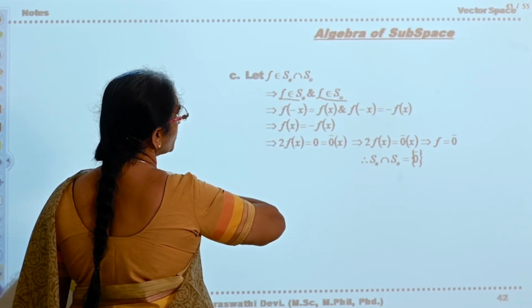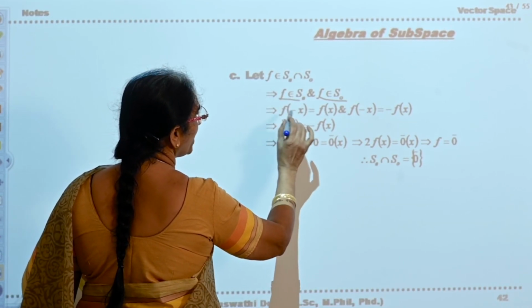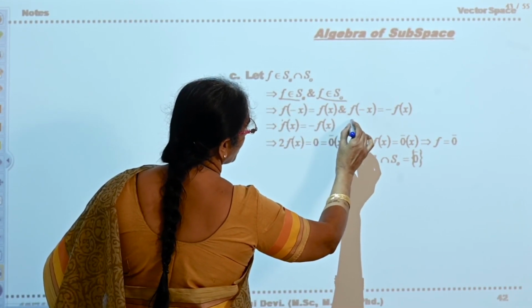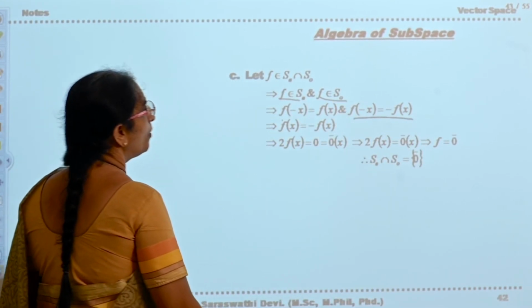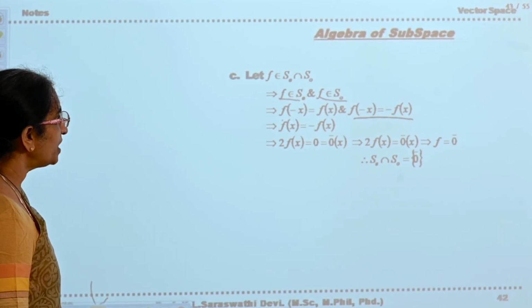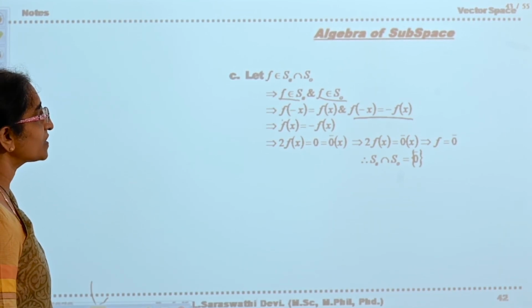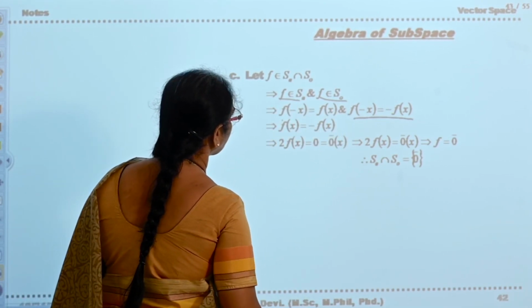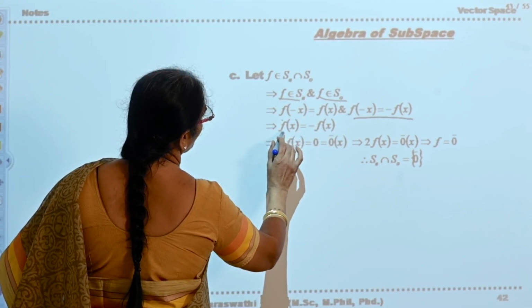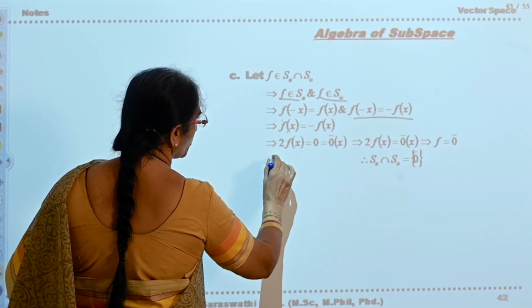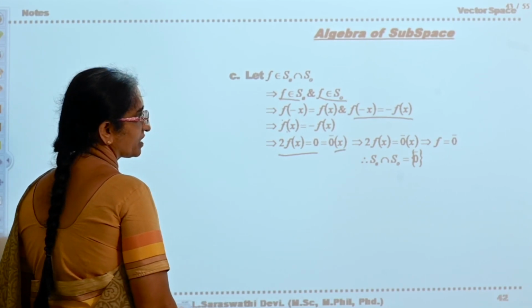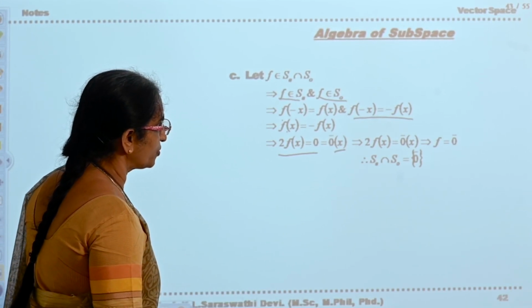Now f belongs to S_E means f of minus x is equal to f of x, and f belongs to S_O means f of minus x is equal to minus f of x. That means you are getting f of x is equal to minus f of x from these two. Therefore, 2 f of x is 0. That means this 0 is equal to 0 of f of x. That implies f is equal to 0 bar.